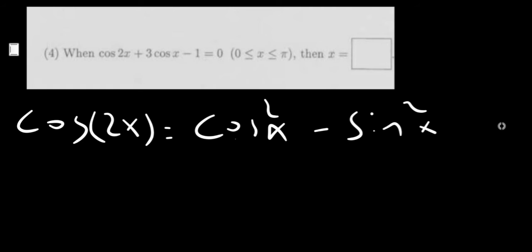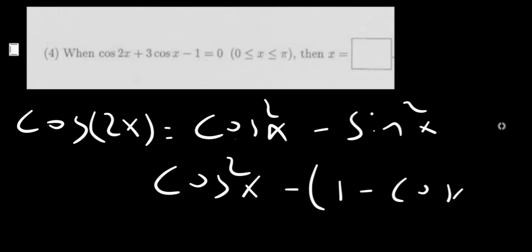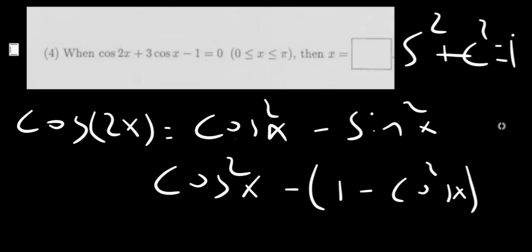We can write this in another way, such as this part over here. So cosine of x squared minus sine of x squared is 1 minus cosine of x squared, right? Remember, sine squared plus cosine squared is equal to 1, the fundamental identity of trigonometry.